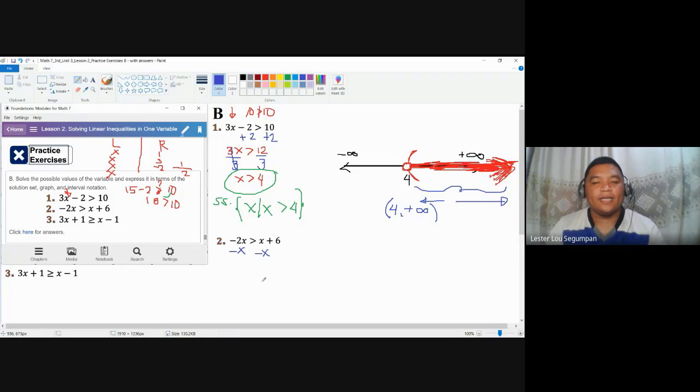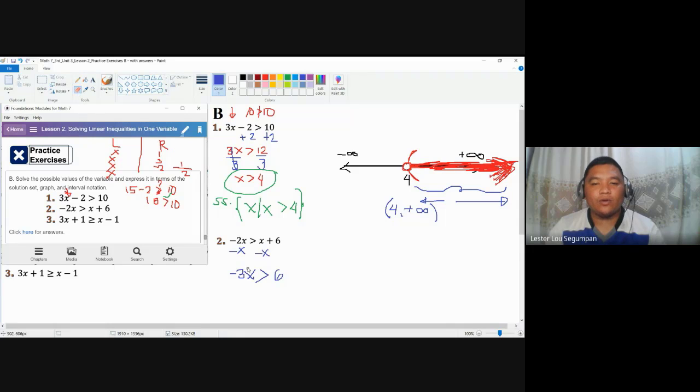So the left-hand side shall become -2 minus 1. Check your integers. You have -3x. This will become 0. This would become 6. Since we're just simply subtracting, no changes on the inequality symbol.